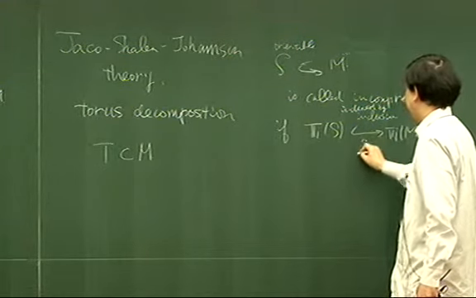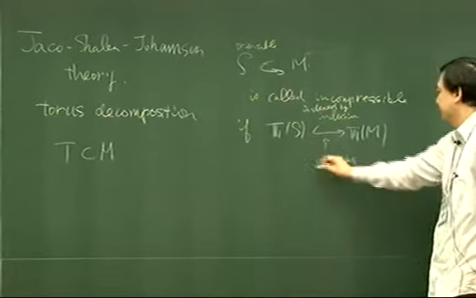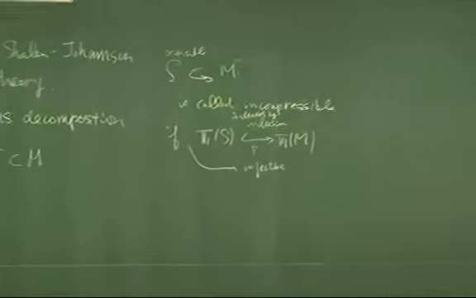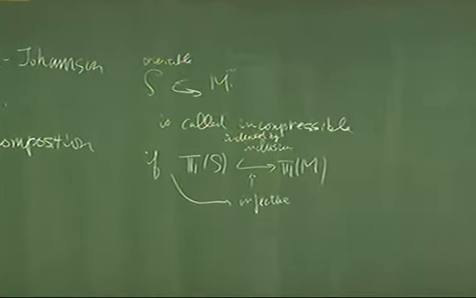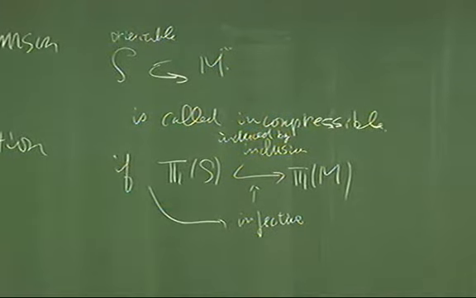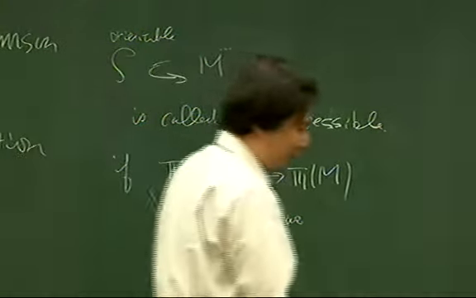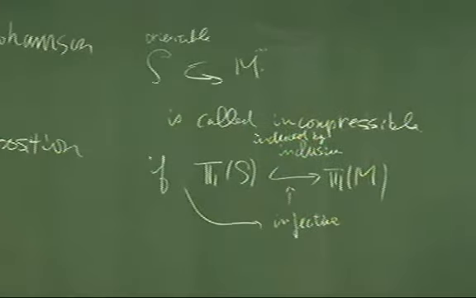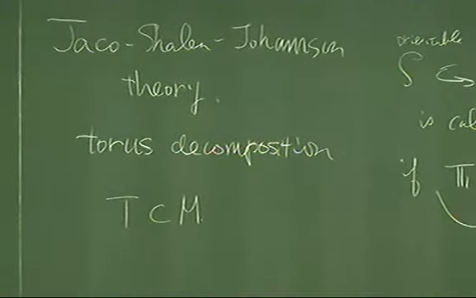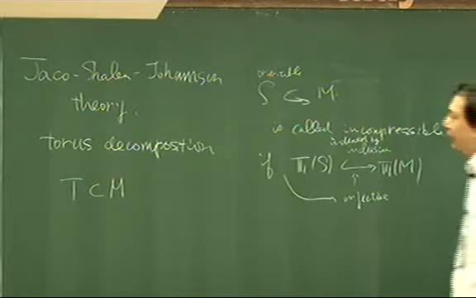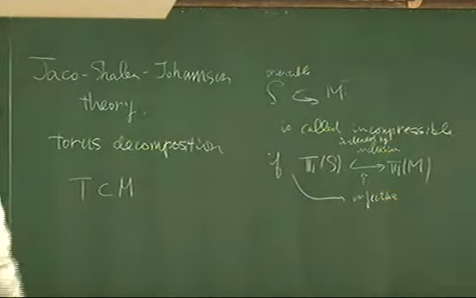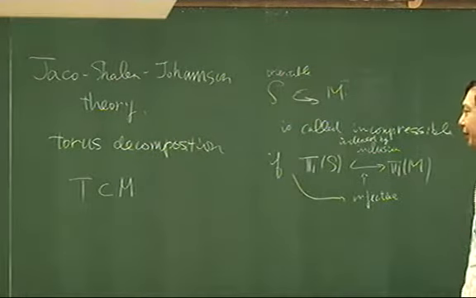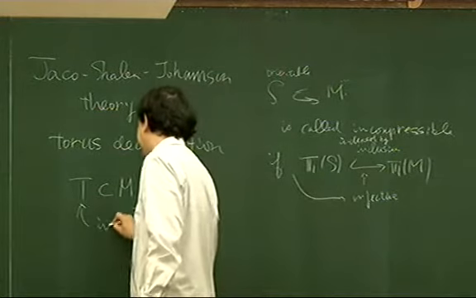If this is injective, then it's called incompressible. Actually, this is a special case of incompressibility. There is a more general definition, and if you assume that both of them are orientable, then this definition is equivalent to the original definition of incompressibility. So torus decomposition is a decomposition of a three-manifold along incompressible tori. So we consider incompressible tori here.